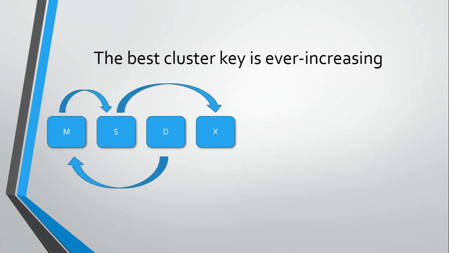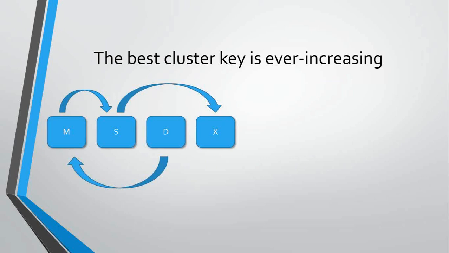So I want to tell you a few things about the best way to design your cluster key. There are several good practices, and like anything else, you can never 100% follow best practices. They should probably just call them best suggestions, because there's always going to be some edge cases that don't fit.